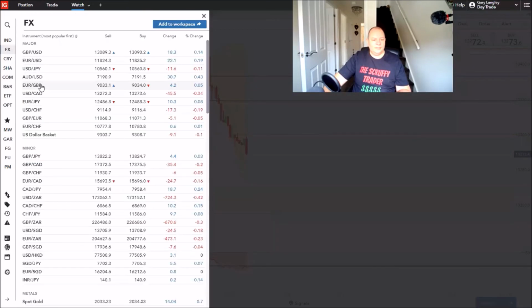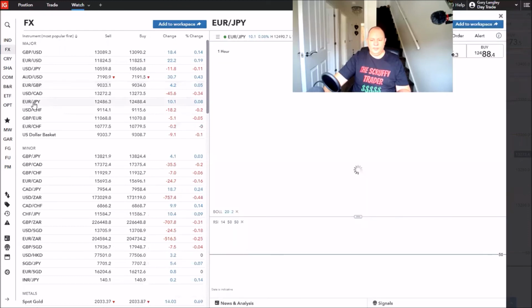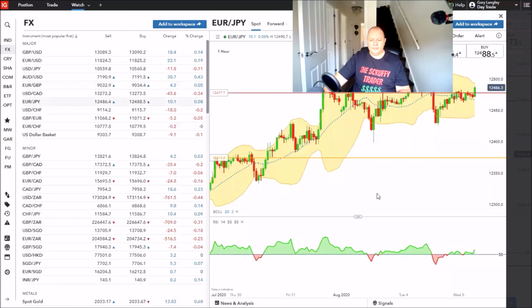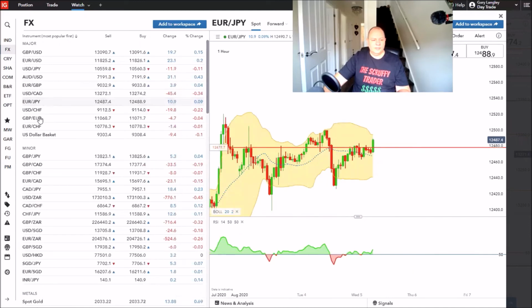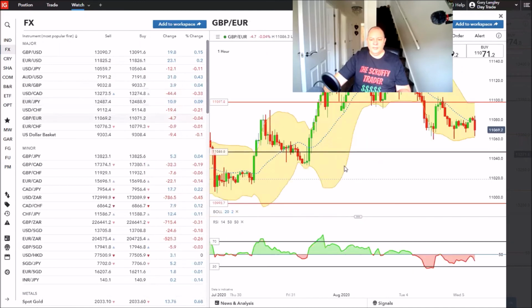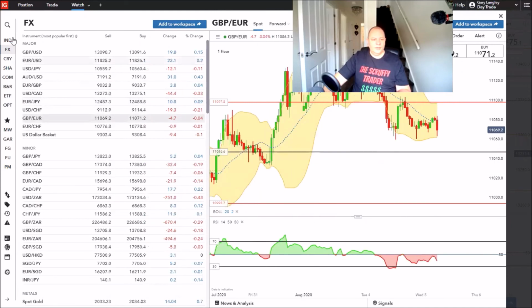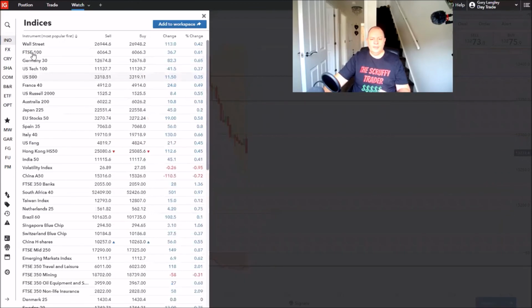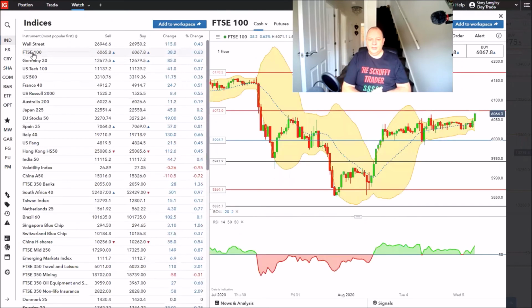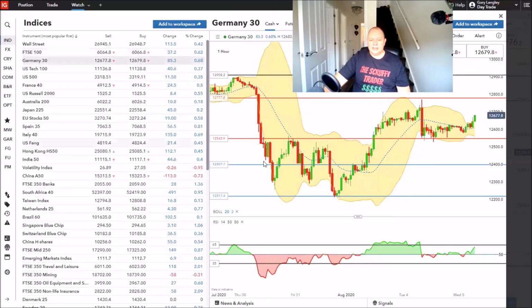That's about it. There's not a lot going on anywhere else. Not a lot. Quick look at the indices. FTSE, not a great deal there. And the DAX.